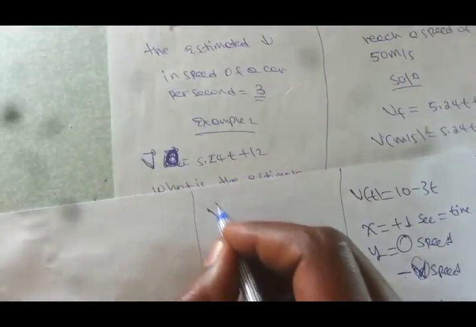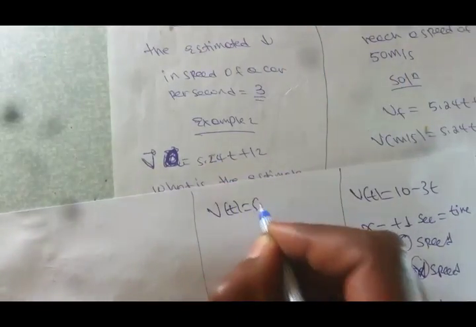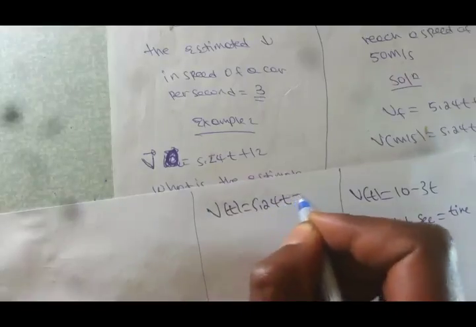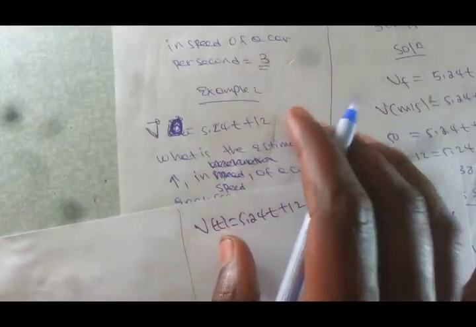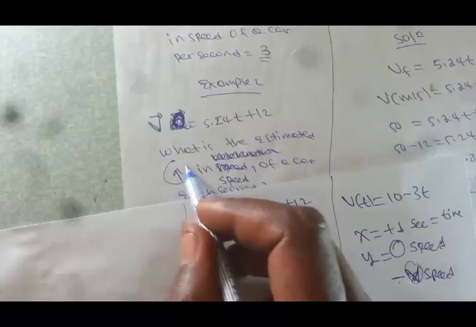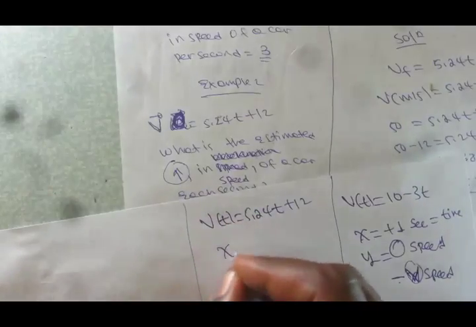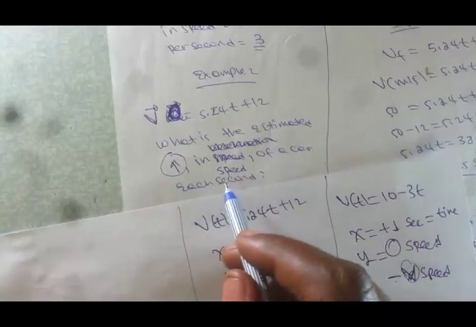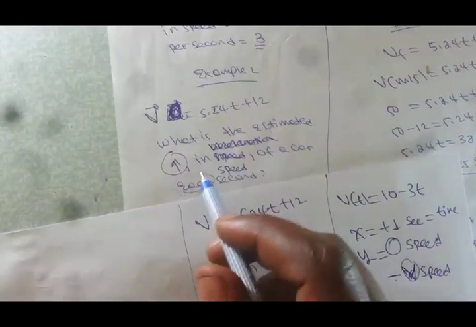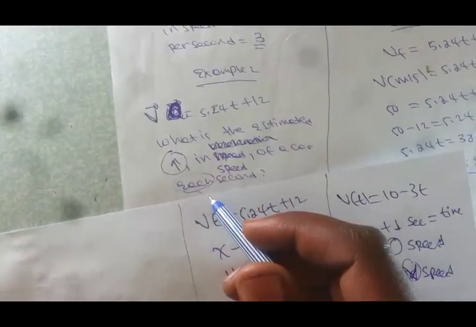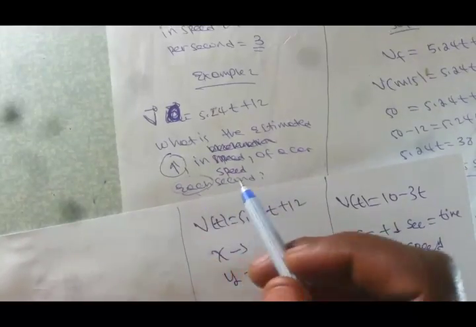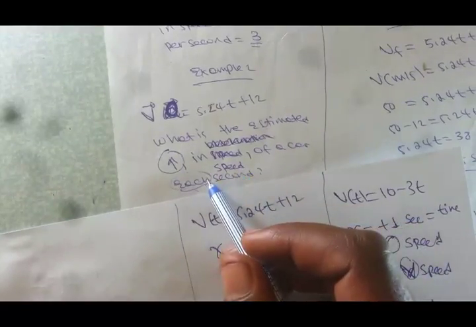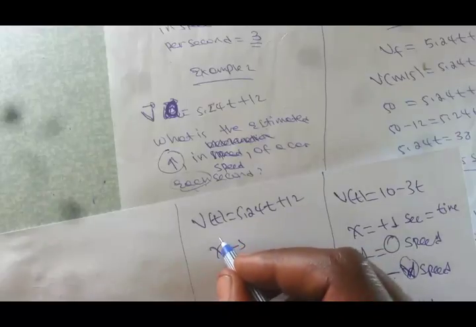Example B is given by v in terms of t, which is 5.24t plus 12. What is the estimated increase? You are given a positive value. So x and y of a car each second. Whenever you see "each," it indicates the value of y over the value of x.